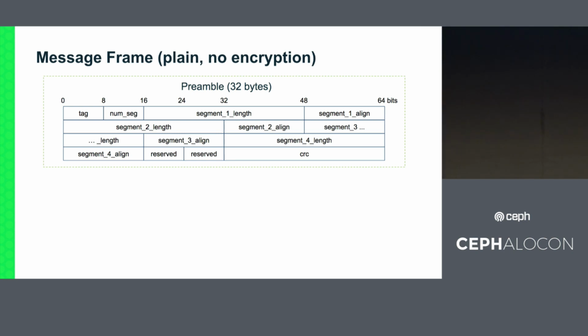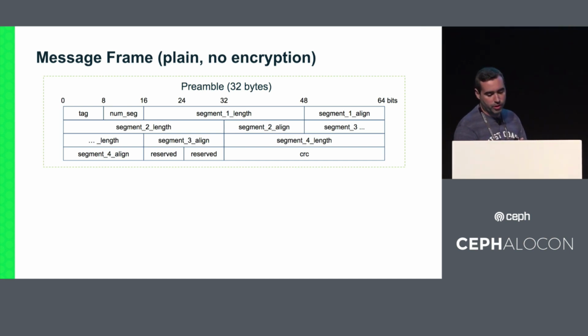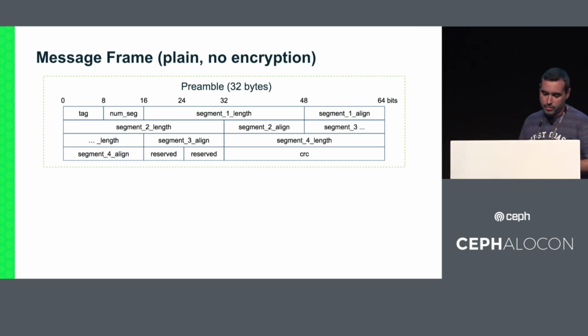Okay, and this will tell us basically how many segments the payload data has, for the control message or the data message. Then, for each segment, we have the size of the segment, so we know how to read the rest of the payload of the frame.